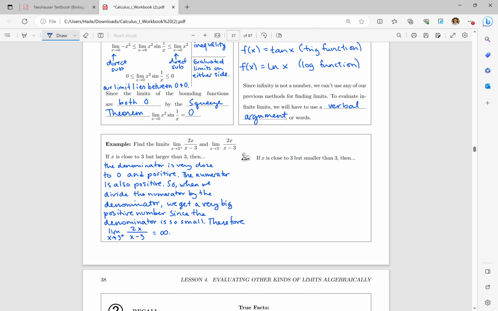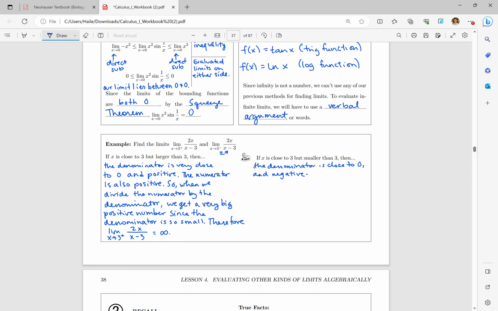So if x is close to 3, but smaller than 3, so again, we're coming from the left, so that's things just a little bit less than 3. Again, the denominator is close to 0 and negative. Okay, so if we imagine plugging in something like 2.9 and we subtract 3, well, that's going to give us a very small number again, like 0.1, but it's going to be negative because 2.9 is less than 3.